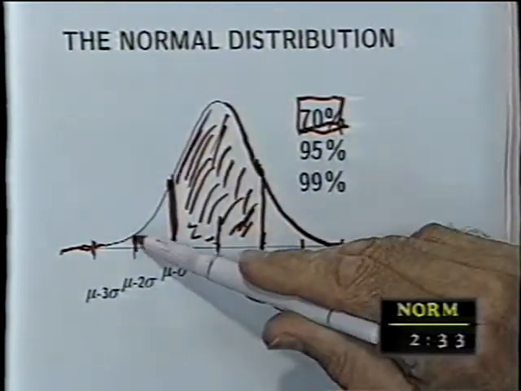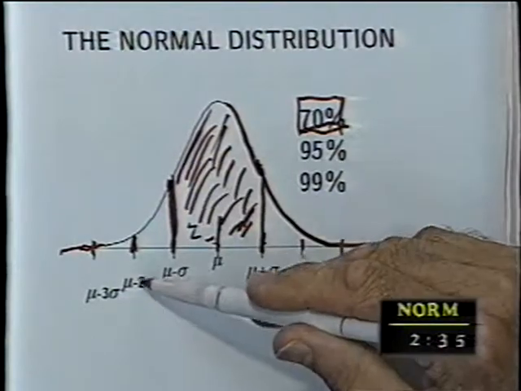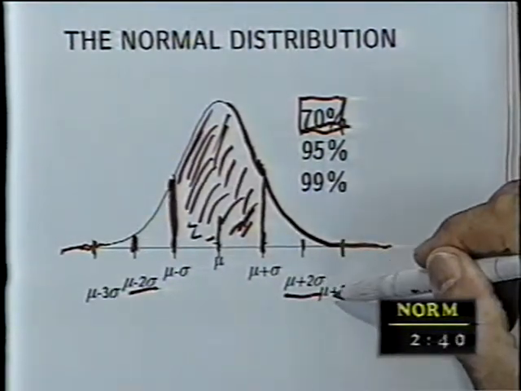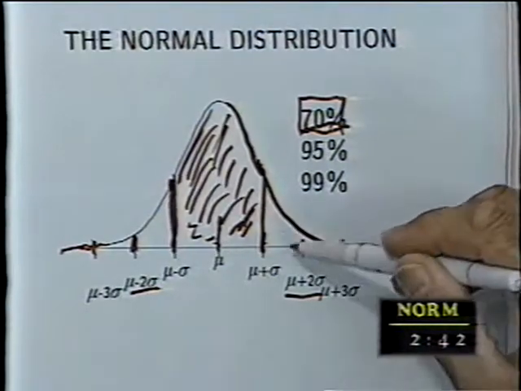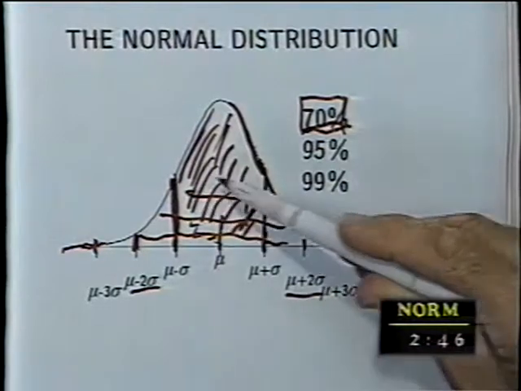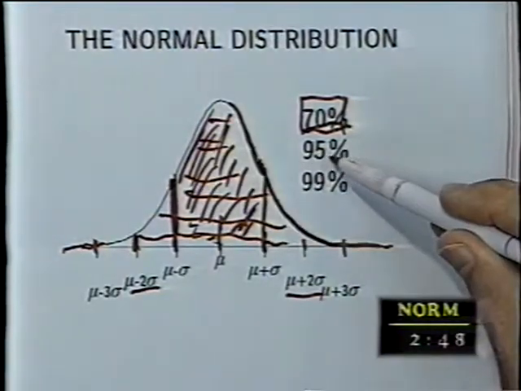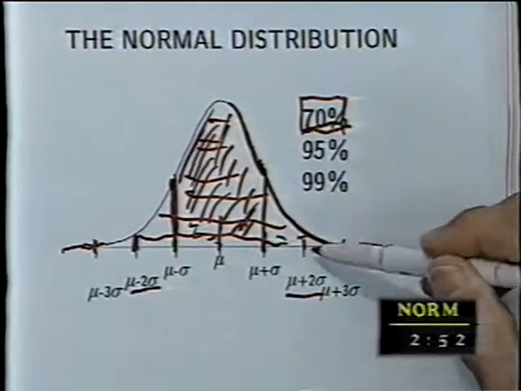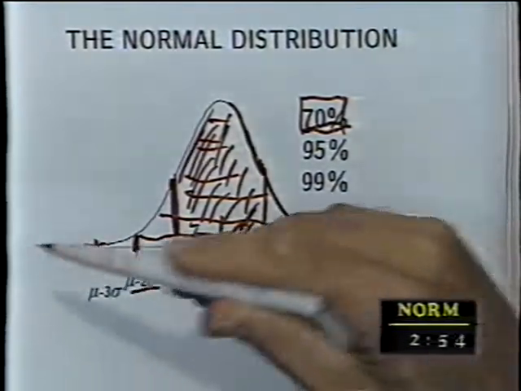If you go between mu minus 2 of these standard deviations and mu plus 2 of these standard deviations, whatever units we have, the area in this entire region is about 95% of the whole thing. That is, there's only 5% outside, 2.5% on each side.